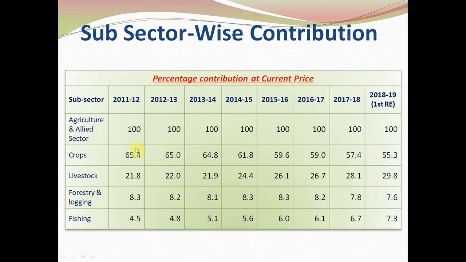Here crops has the highest percentage, which is about 65% in 11-12, but it is decreasing, and now it has come down to about 55%. And the livestock sector is simultaneously increasing. In 11-12 it was 21.8%, and in 18-19 it has come up to 29.8%, which is nearly 30%.